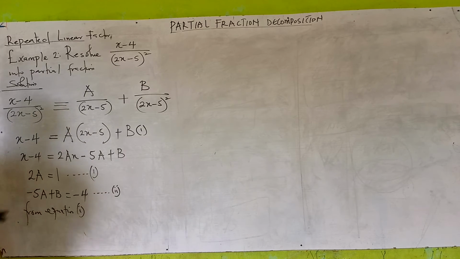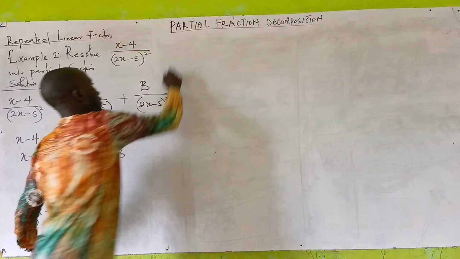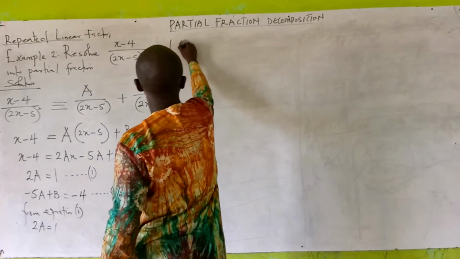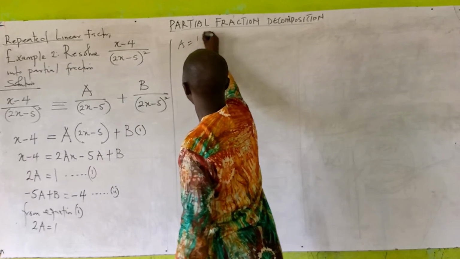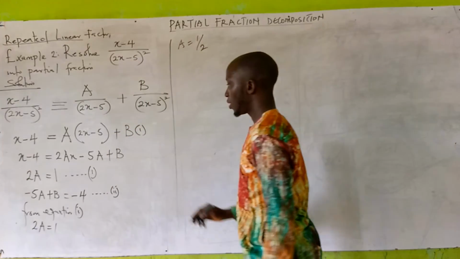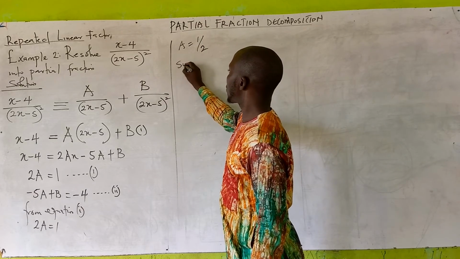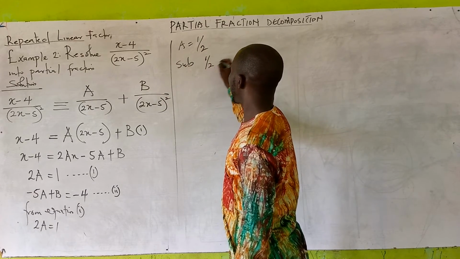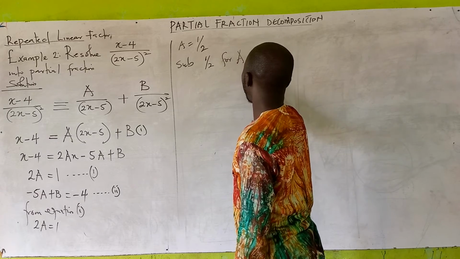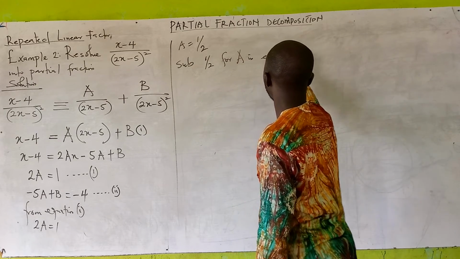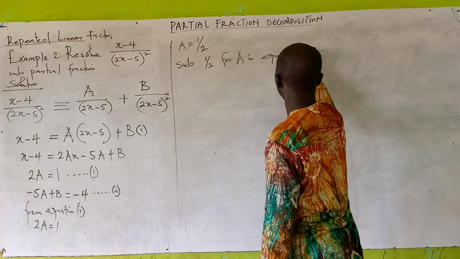Now from equation 1, we can easily get the value of a. That is, make a the subject in equation 1. Equation 1 is 2a equals to 1. Making a the subject here gives us a equals to 1 over 2. Now we can substitute the value of a here. Substitute 1 over 2 for a in equation 2.